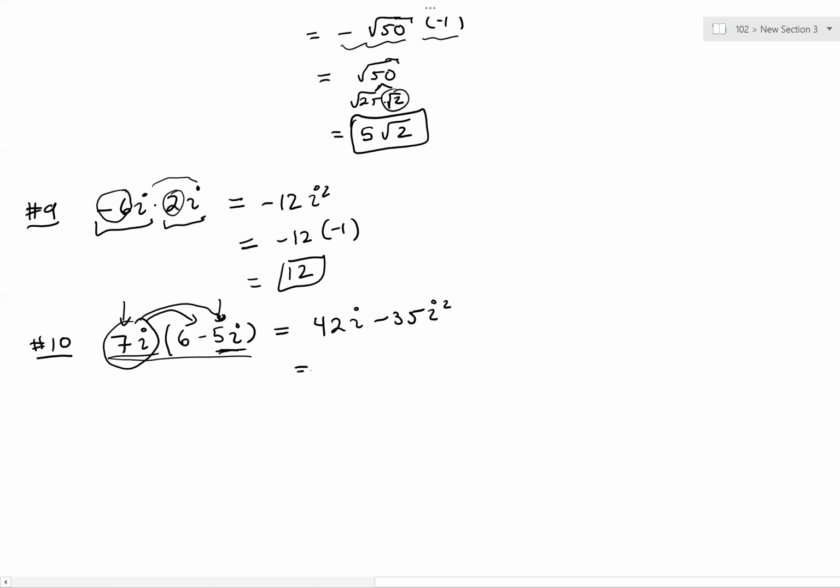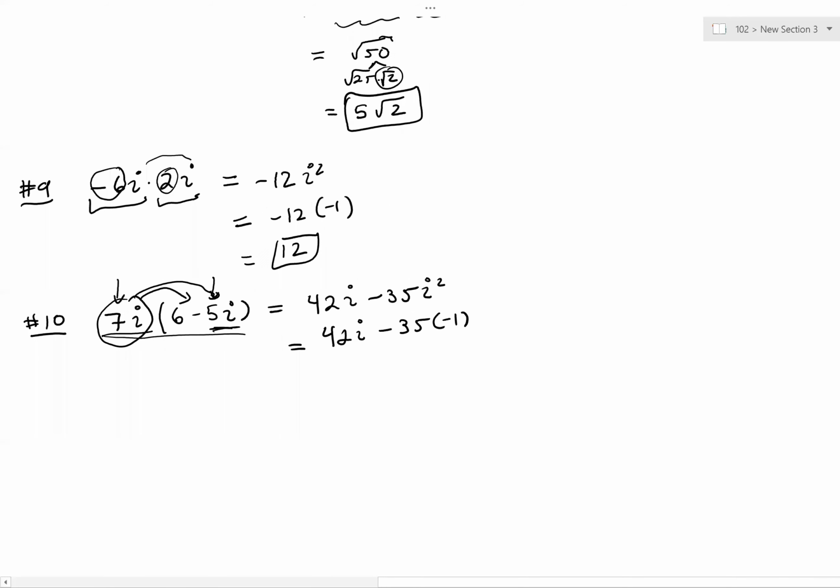From here, it's just simplification. 42 is a coefficient of i to the first power, so that's going to stay the way it is. But that i squared again, anytime you see an i squared, remember to replace that with a -1. So this becomes 42i. I'm multiplying -35 times -1, so it becomes a plus 35.